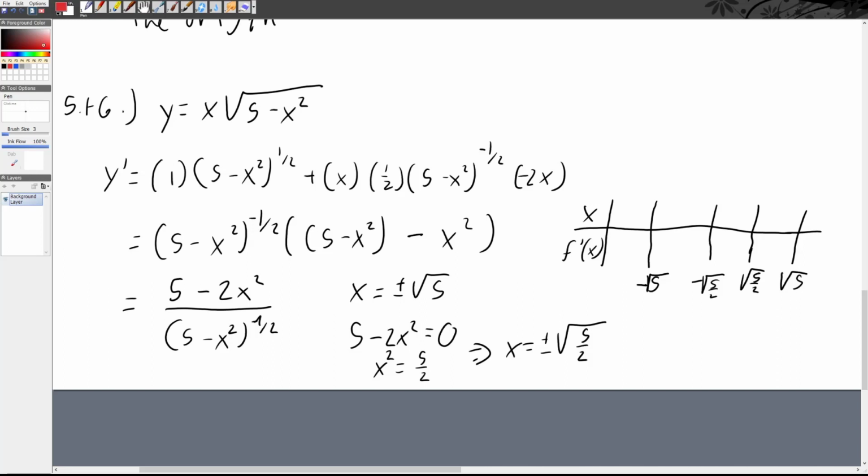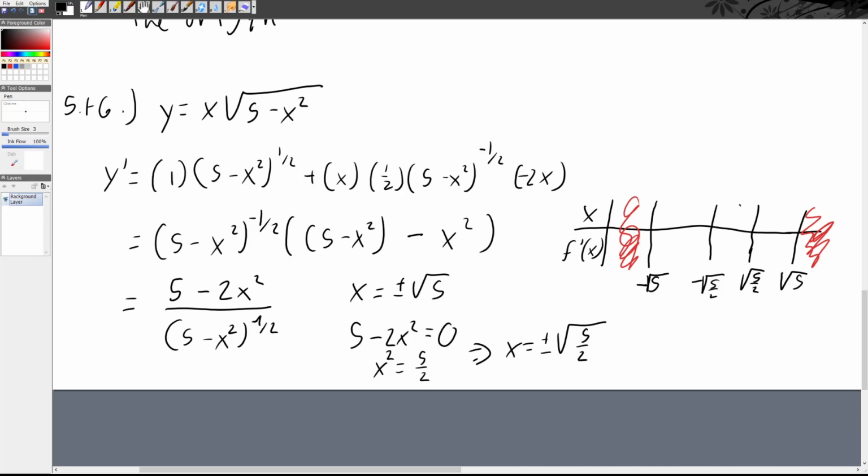And we note that since the domain is only from negative square root of 5 to square root of 5, there's nothing to the left, there's nothing to the right. So all we care about is choosing values in between these critical points.